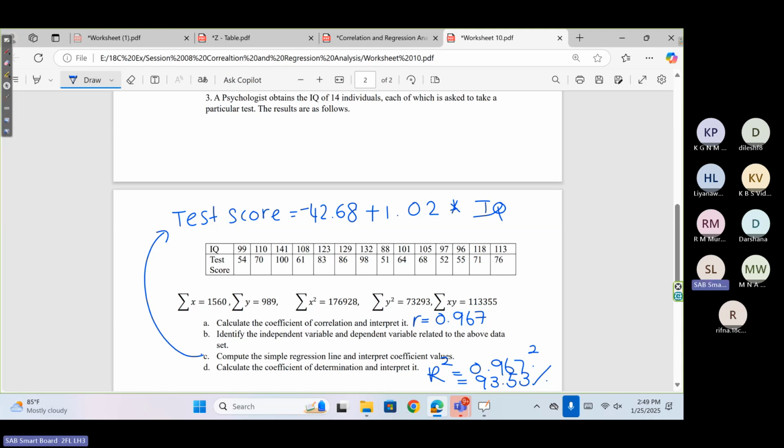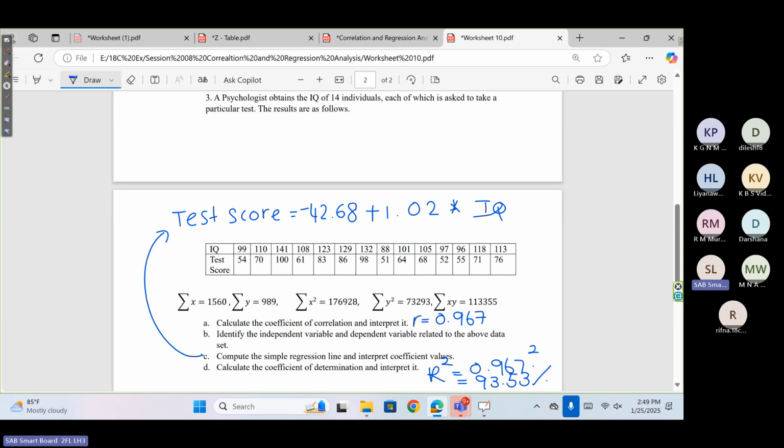Clear? Then the coefficient of determination is the square of 0.967. The last question asks what is the coefficient of determination.